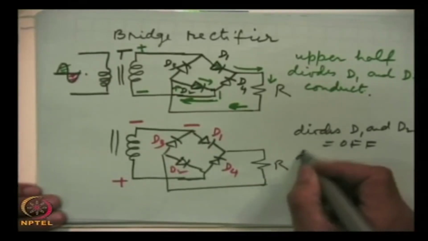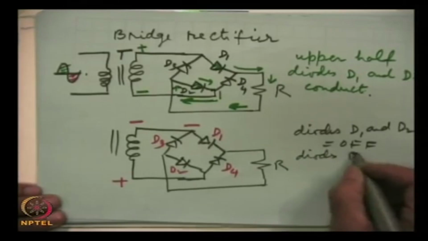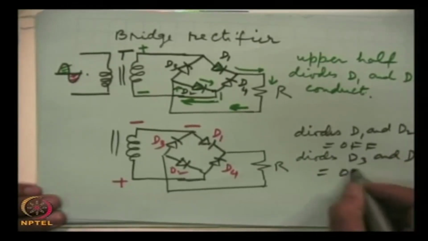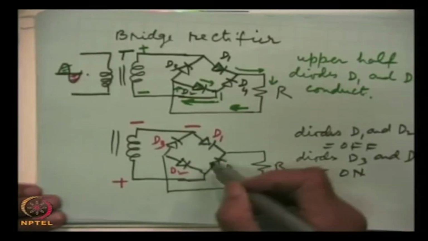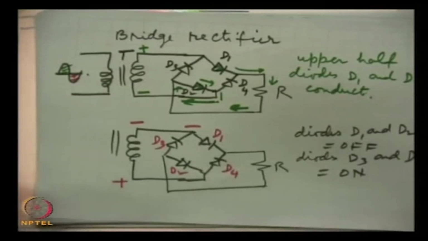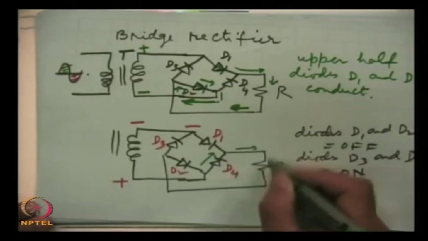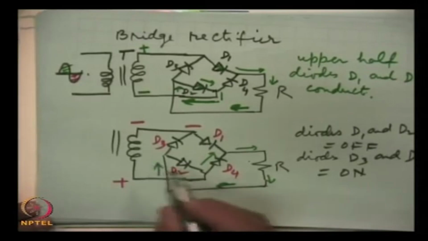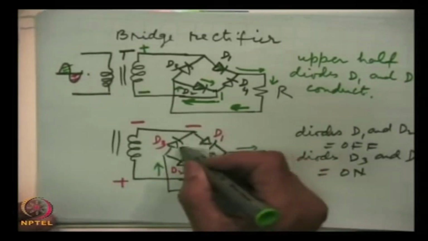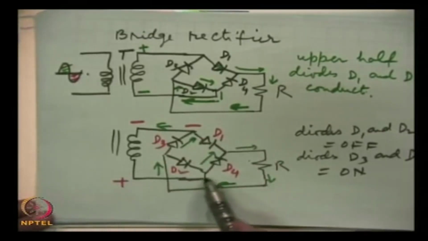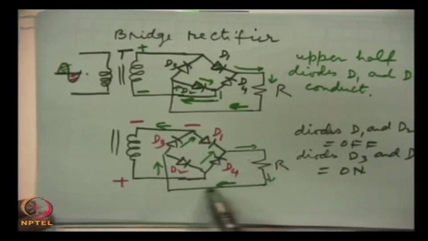So diodes D3 and D4 are on, they conduct, and the current goes like this. This is the path the current will take.